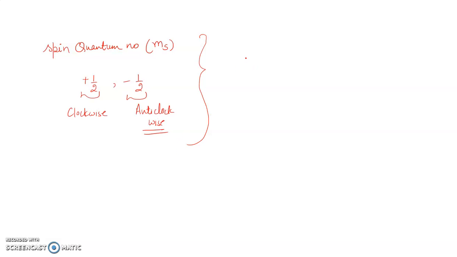If a question is given, like n is equal to 3, L is equal to 1 and m is equal to -1, assign the position to the electron. So in third shell, in p subshell, and in x orbital it is. So this is how we designate, or vice versa also can be there.